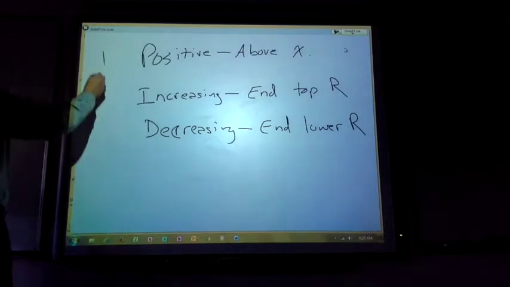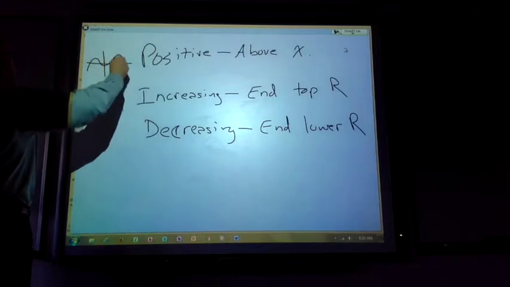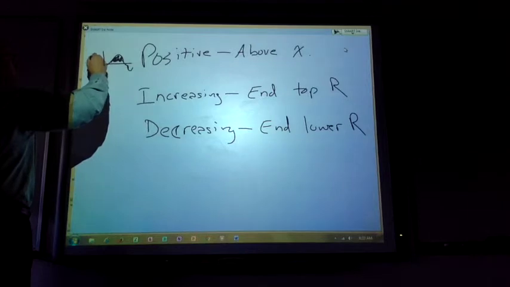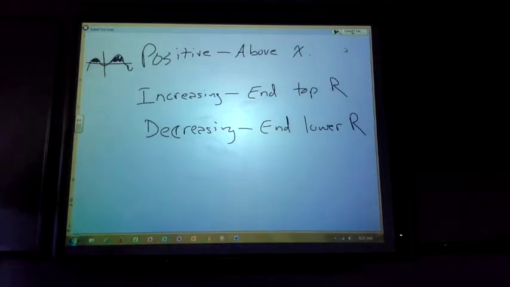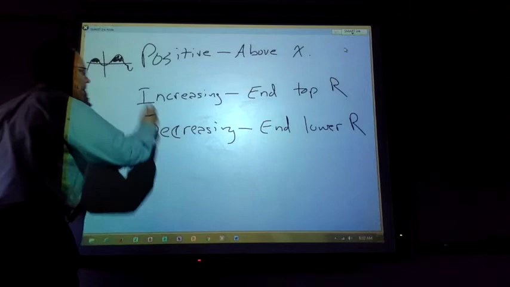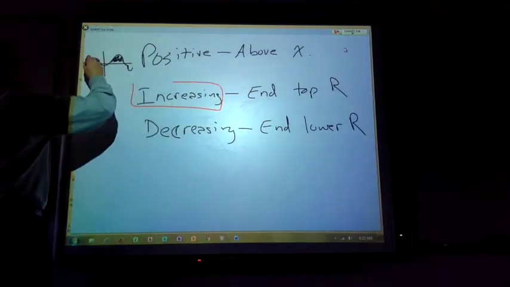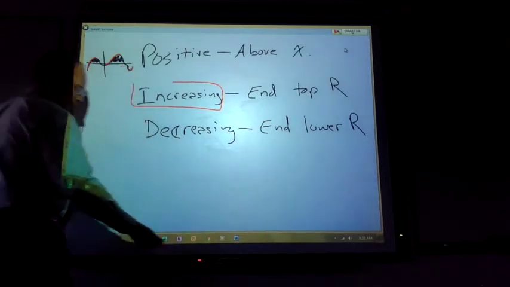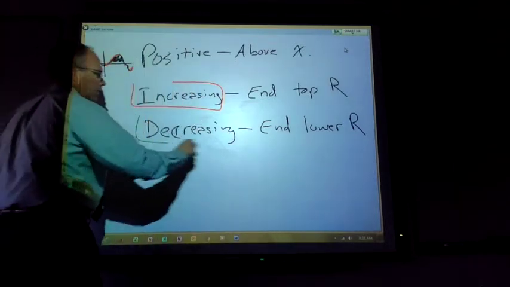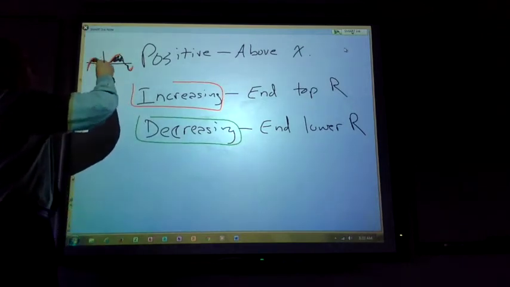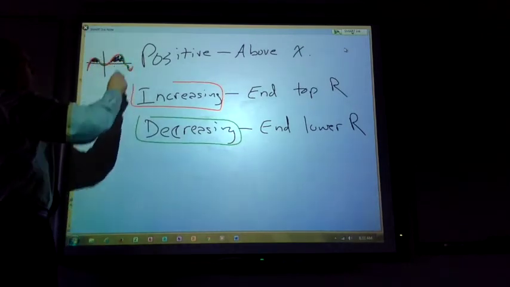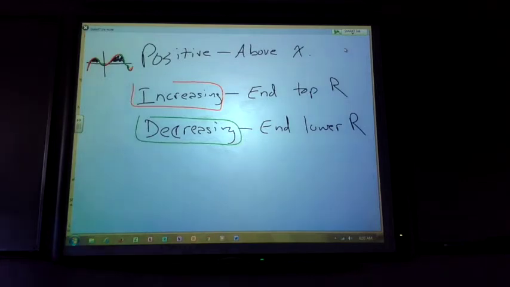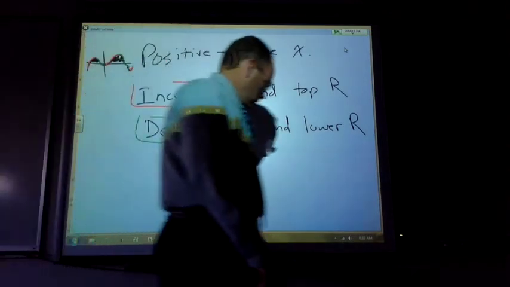So above x means this, here and here. Right? Increasing would be here, here, and there. Decreasing there, there. I think we got it.